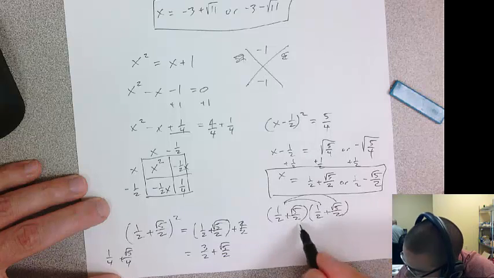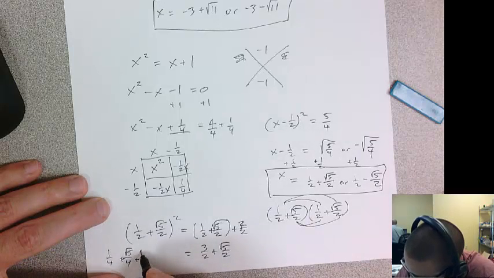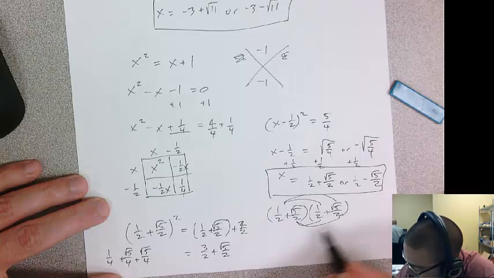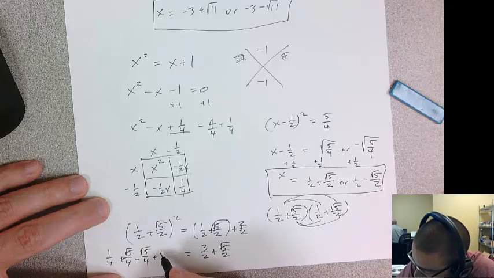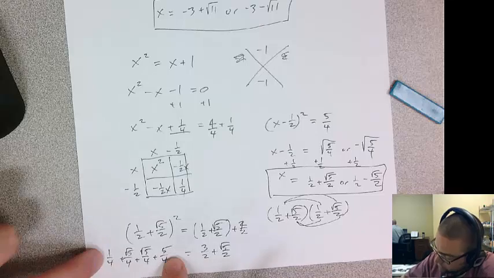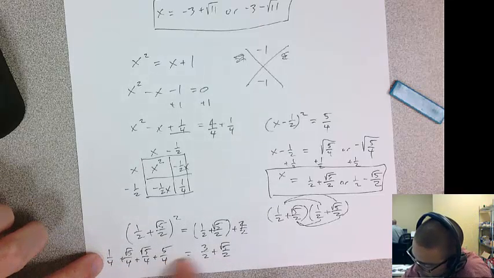And then multiply these two. So square root of 5 over 2, that'd be again square root of 5 over 4. And this would be square root of 5 times square root of 5 would be just 5/4. Okay, so I could combine these two to make 6/4. 6/4 is equivalent to 3/2, isn't it?